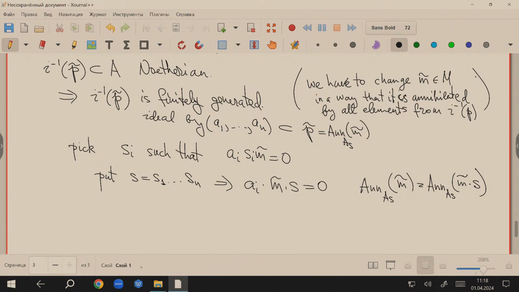And notice that if you take now the annihilator of just this new element M tilde s, on one hand it will contain the inverse image of P tilde, by this assumption, by construction.